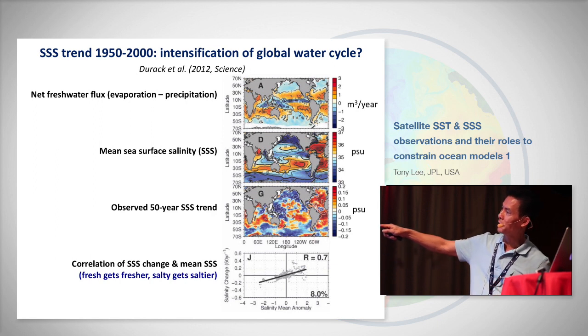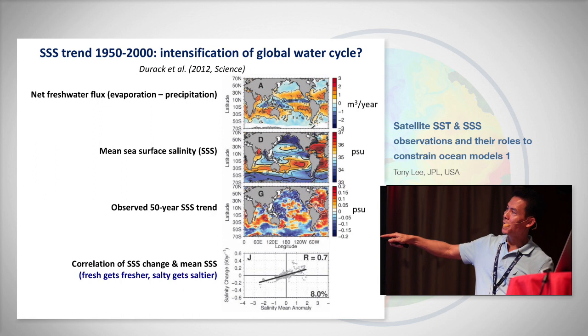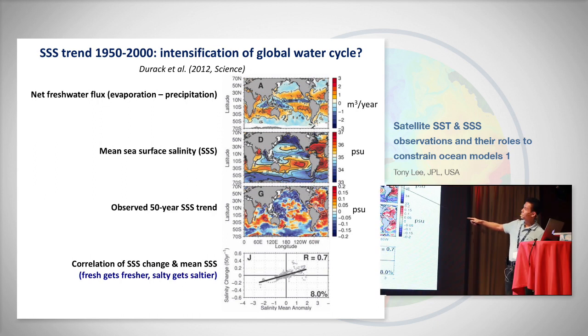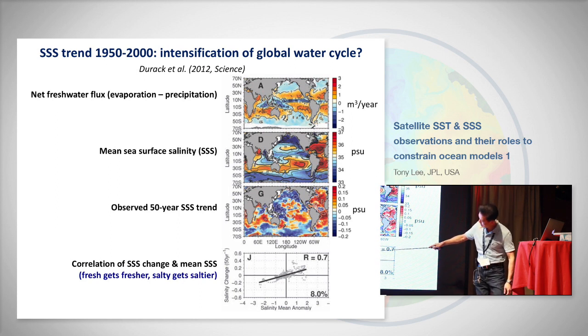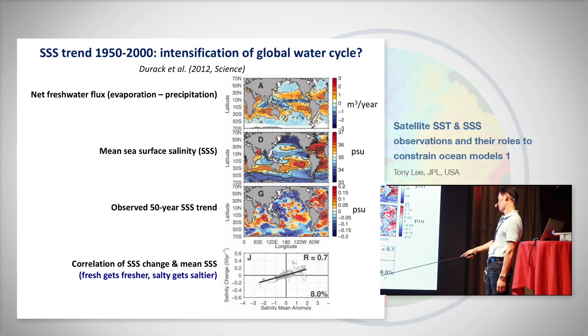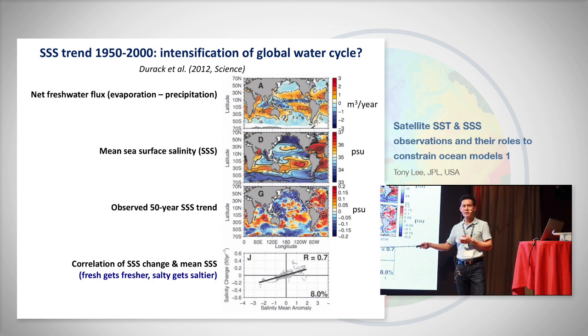Now you notice that it mimicked the time mean salinity pattern, which is blue, blue, red, and red. And if you plot the scatter plot of the trend of salinity versus the time mean salinity, you see a relation which says that the salty water gets saltier and the fresh water gets fresher.